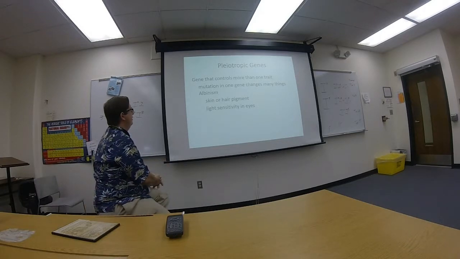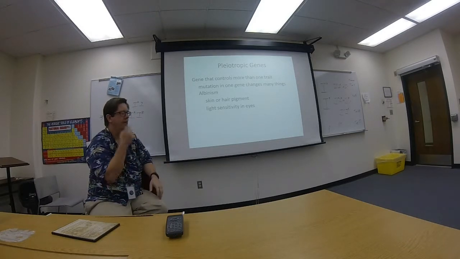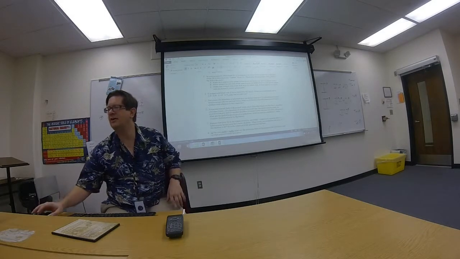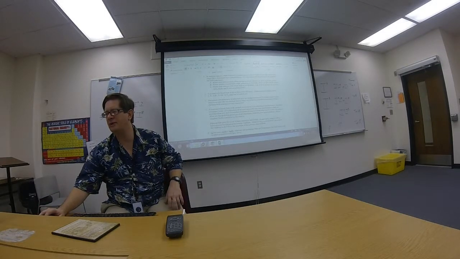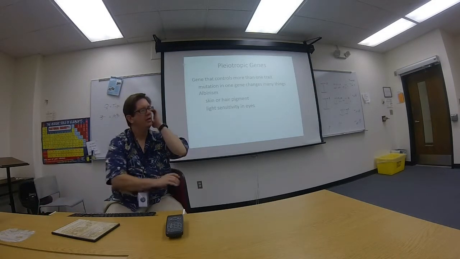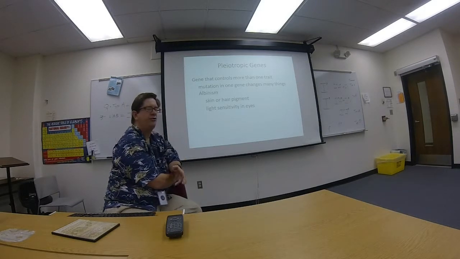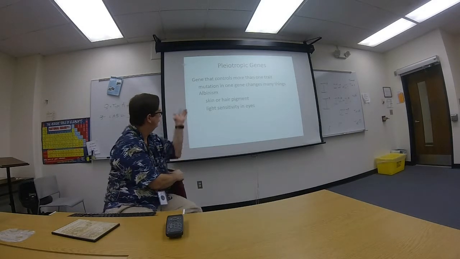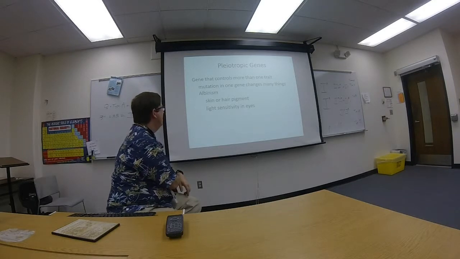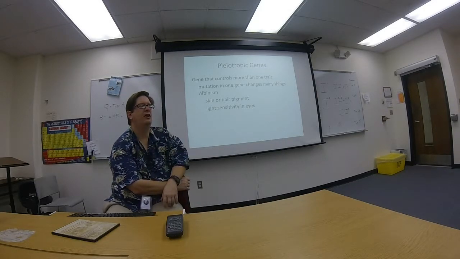Another example would be the albinism pictures. But the thing that a lot of people don't talk about, albinism is also a pleiotropic thing. It doesn't just affect your skin or hair pigment, it affects light sensitivity in your eyes.